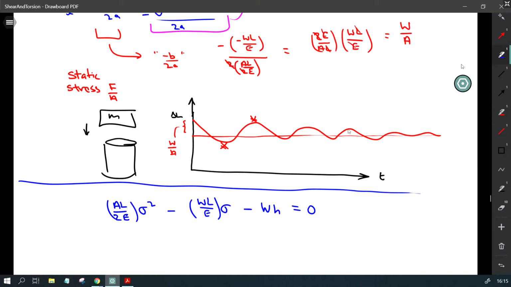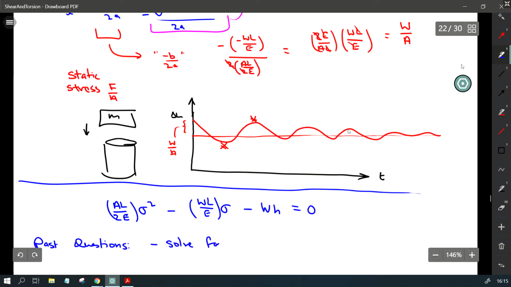So the numbers are awkward, and it's a difficult thing to do. So if you look at old questions, okay, they're formulated as solve for L, A, or H, not stress, and this is just due to difficulty.